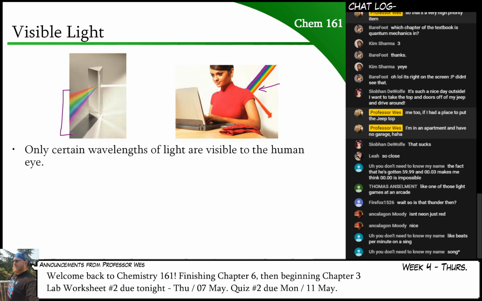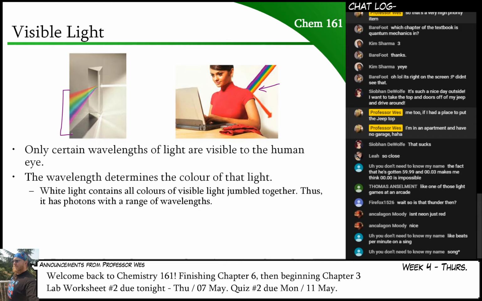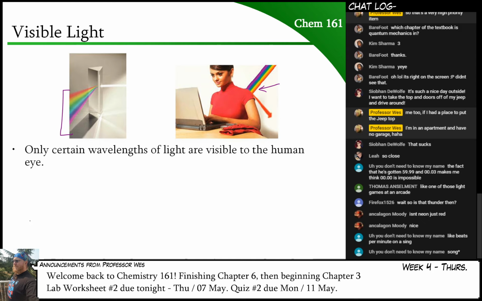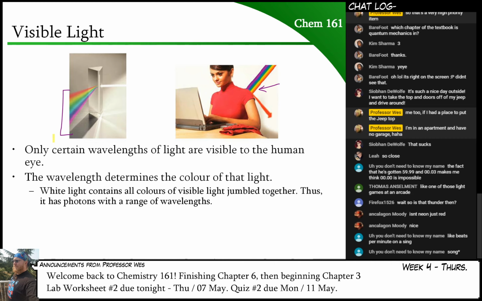Now, what feature of light dictates what color it is? It turns out that that feature is how much energy it has, which is related to the frequency, which is related to the wavelength. Wavelength is a really practical way of describing what color we have.